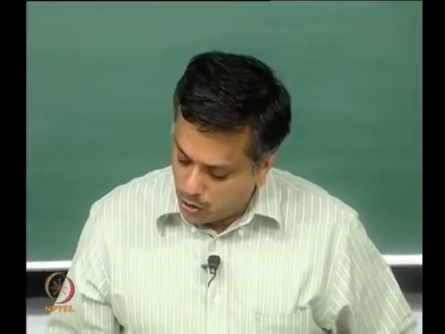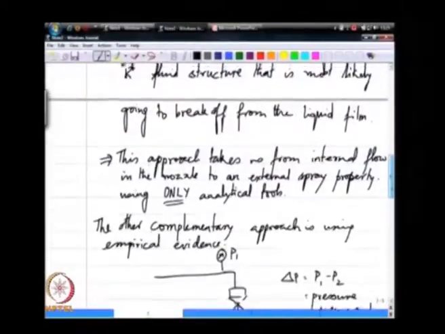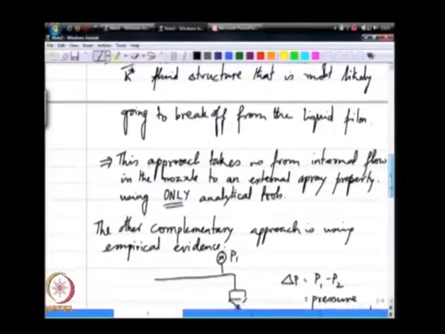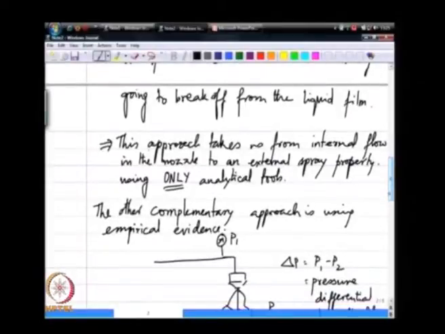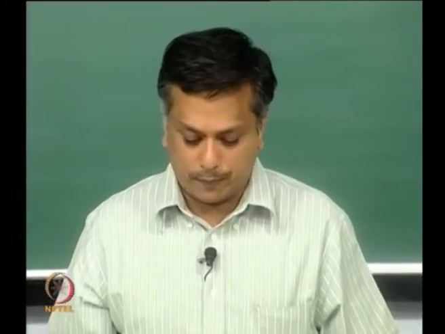Okay. So, again, like I said, there are two approaches. The first approach is using purely analytical tools such as inviscid flow theory and linear instability theory. That does go fairly close to measured values, but the best bet for most design level tools would be to use empirical correlations, and so we are going to look at a few such empirical correlations today.